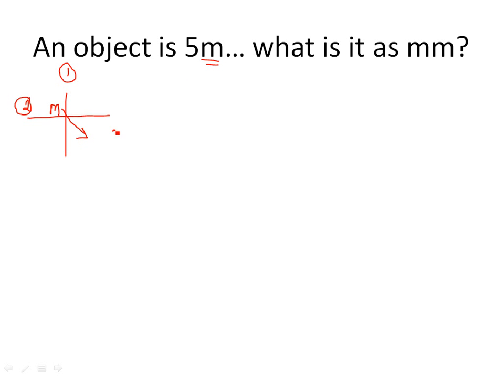Step number 3, write meters again down here on the exact opposite diagonal. Step number 4, above it, write the unit I want to end up at. Step number 5 is now add the numbers.